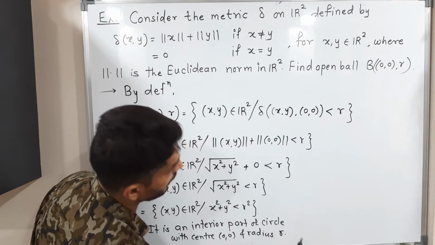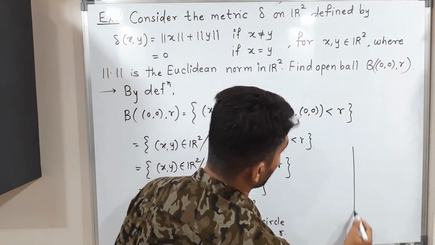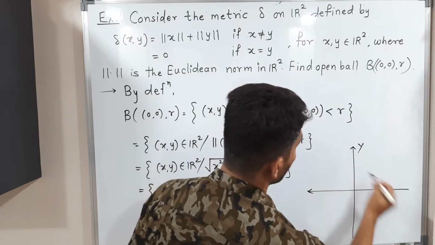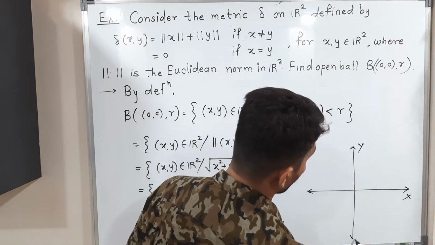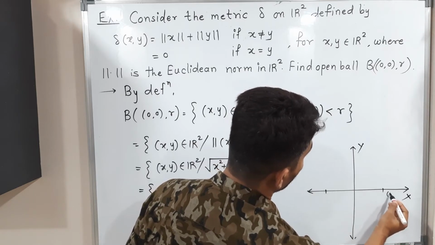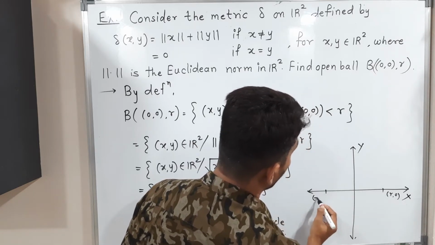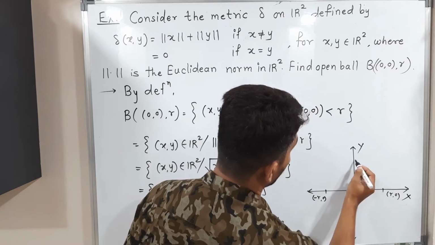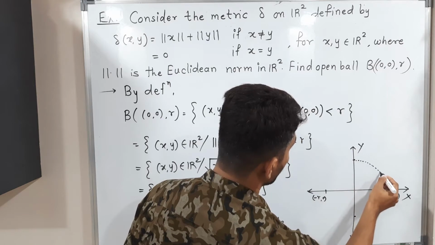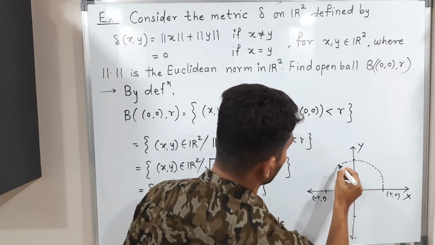Radius R. So I will show it here. This is the y axis, x axis. Suppose R is here, minus R, getting R, minus R, here R and minus R. So it is a circle which passes through these 4 points having radius R.